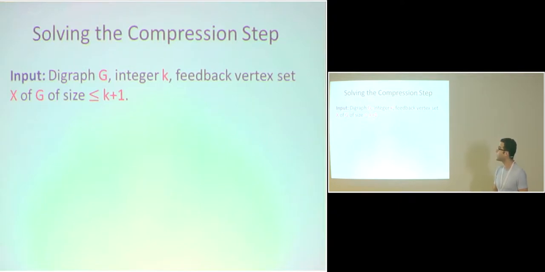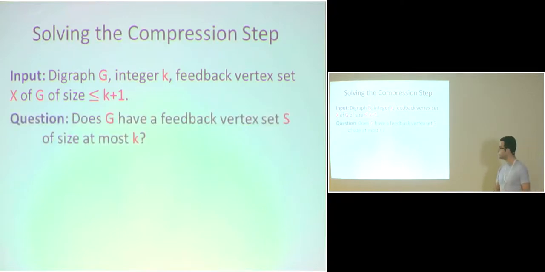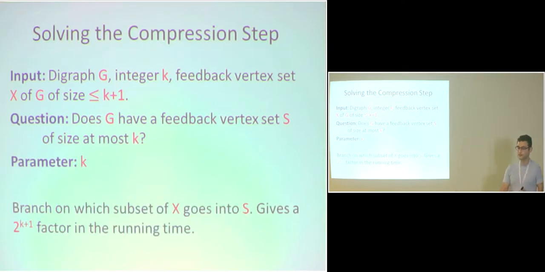Okay, so what do we have? We have as input a graph G, an integer k, a feedback vertex set X of size k plus 1, and we ask, do you have one of size at most k? Now, the very first thing you do is you just guess which subset of X goes into the solution you're looking for.